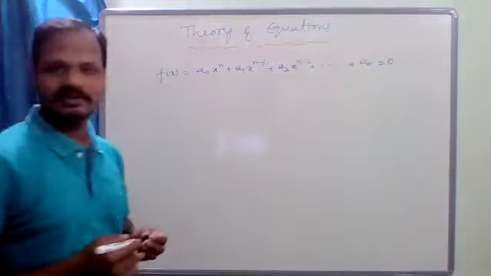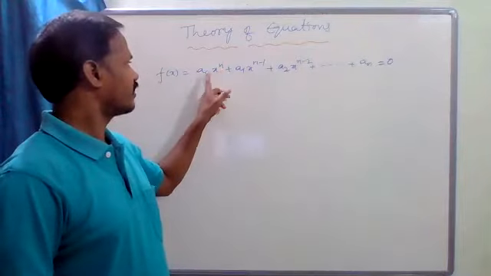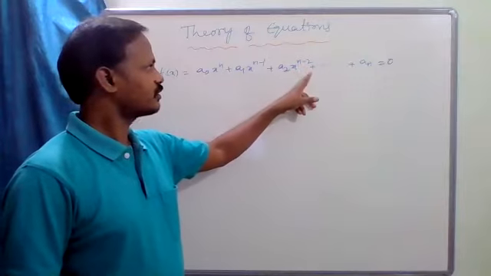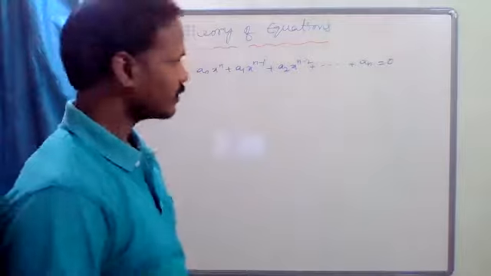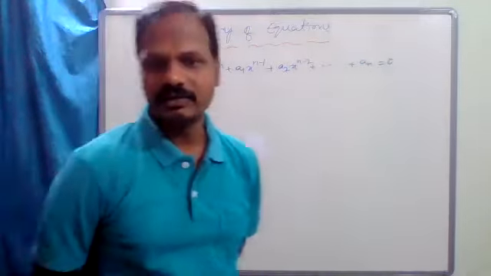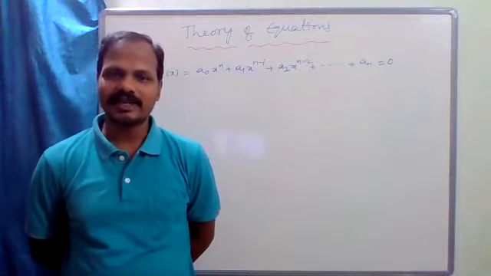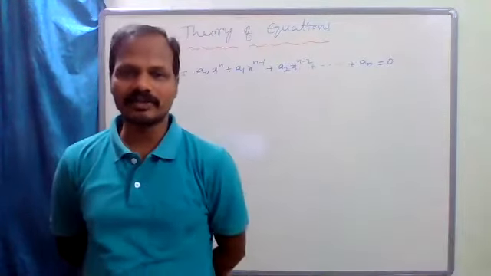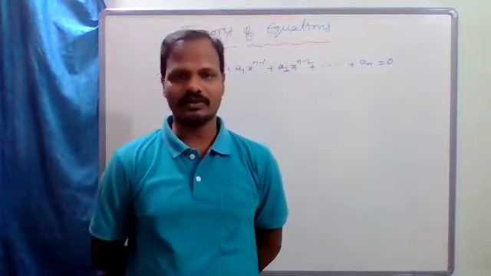So this is the polynomial equation of degree n. Since it is a polynomial equation of degree n, it has at least one root as well as at most n roots. Every polynomial equation of degree n has at most n roots.